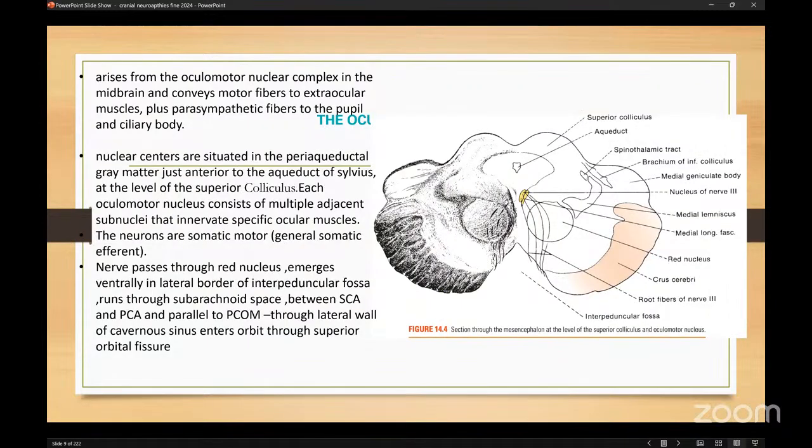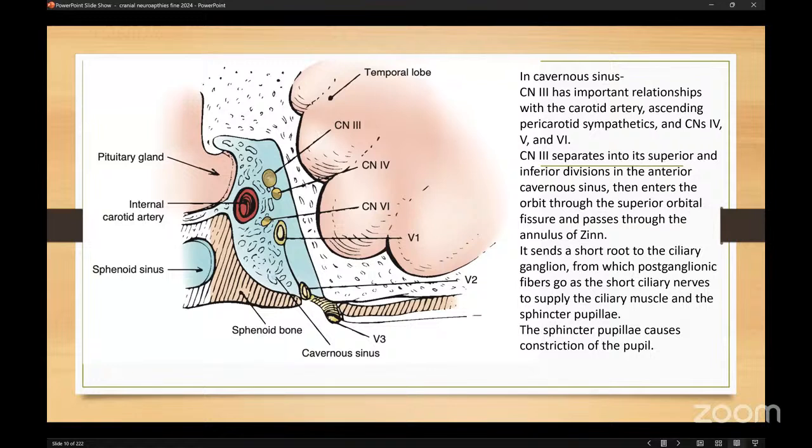At the level of the superior colliculus, the third nerve nucleus is situated, which has many subnuclei. The nerve comes out, passes through the red nucleus, and emerges at the lateral border of the interpeduncular fossa between the superior cerebellar and posterior cerebral artery, next to the PCOM. Then it enters the lateral wall of the cavernous sinus and divides into superior and inferior divisions, and both pass through the superior orbital fissure.